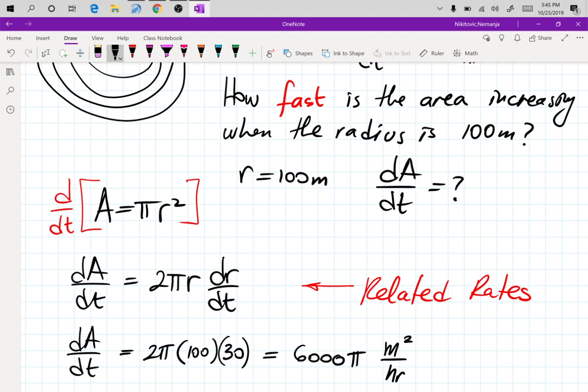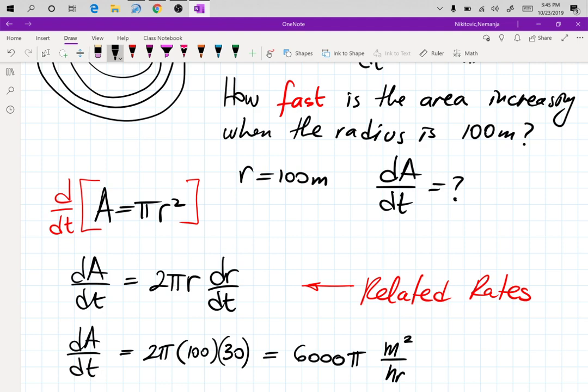There we go, perfect. And then what's the derivative on the other side? d dt. Nice. There is your model.